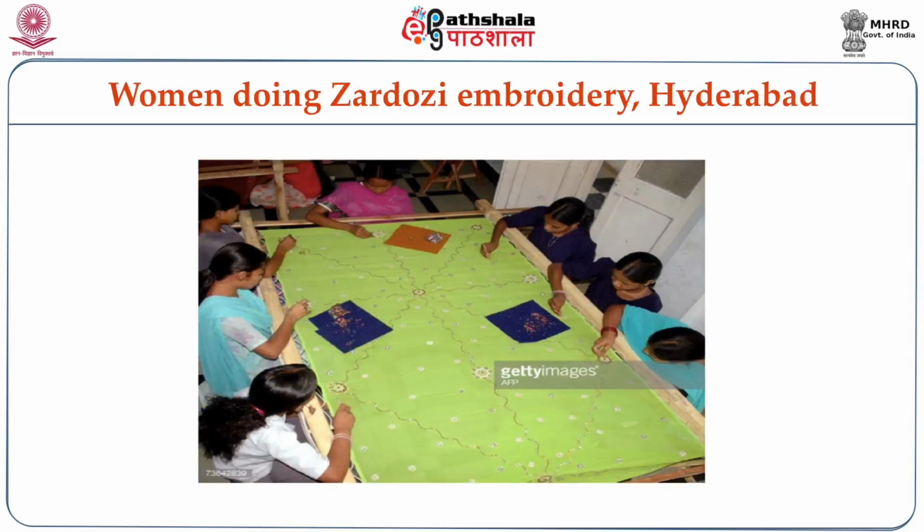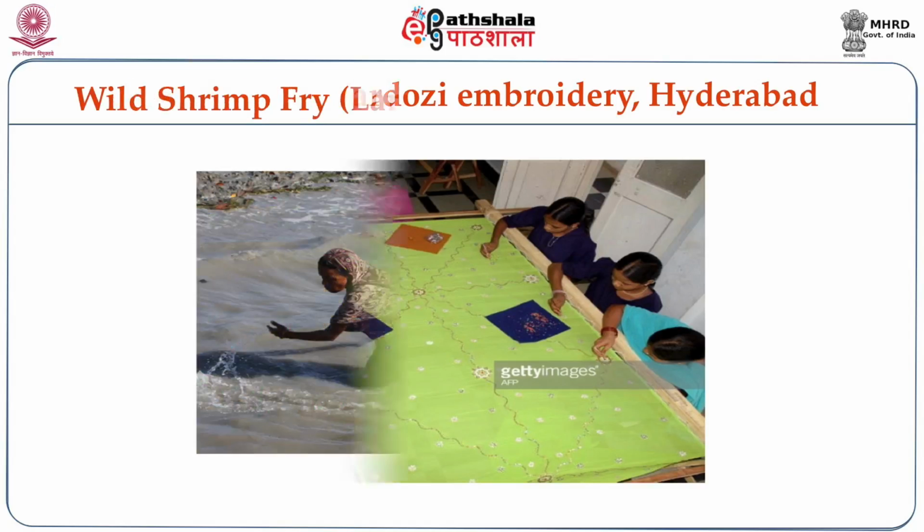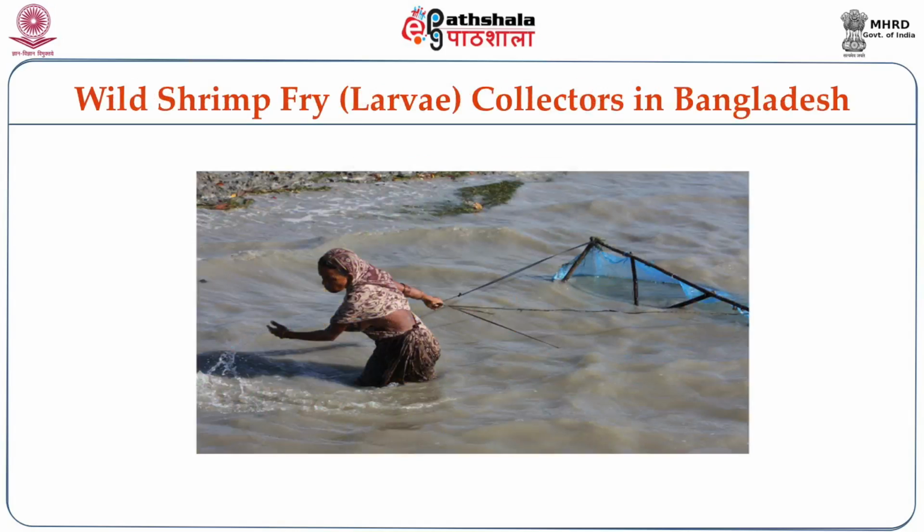Here women are doing Zardozi embroidery in Hyderabad, which is a kind of informal sector work. Here you can see this is an image from Bangladesh where women are engaged in wild shrimp larva collection, and this constitutes the lowest rung of the global value chain in the high value shrimp and fisheries industry in the context of Bangladesh.